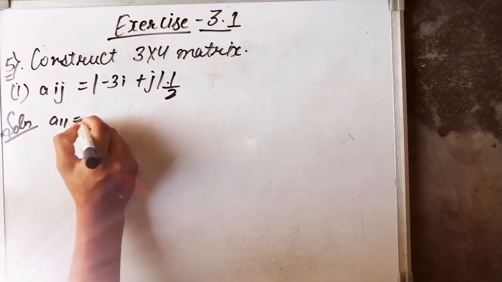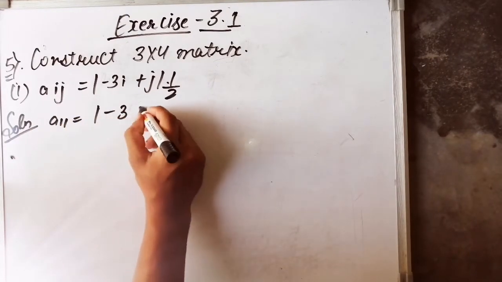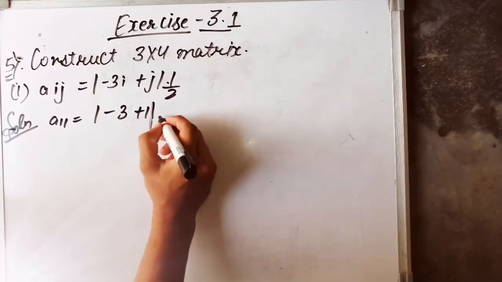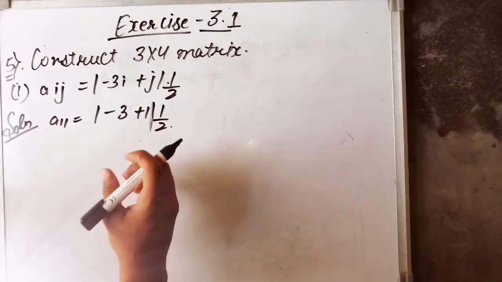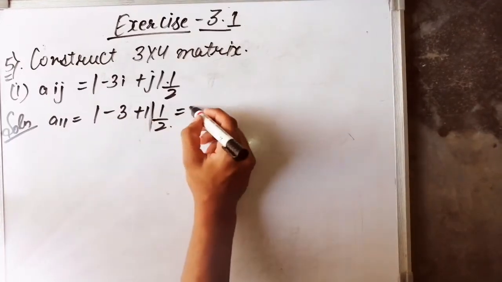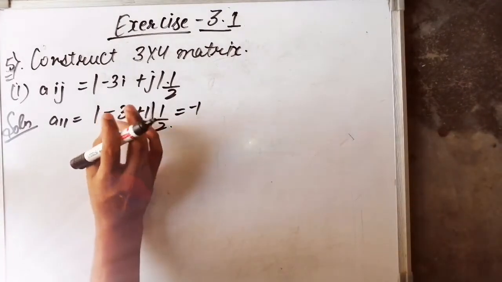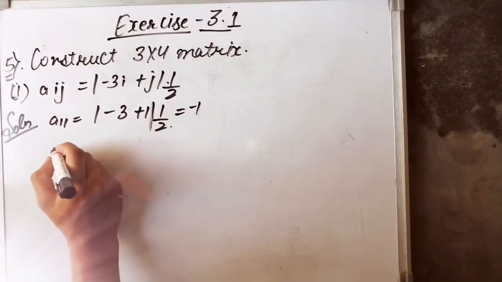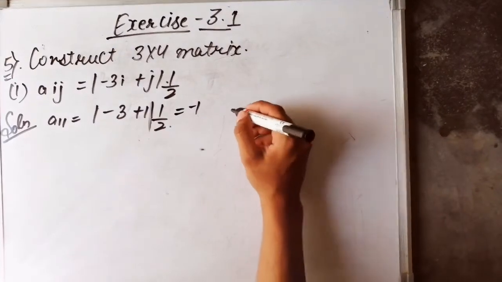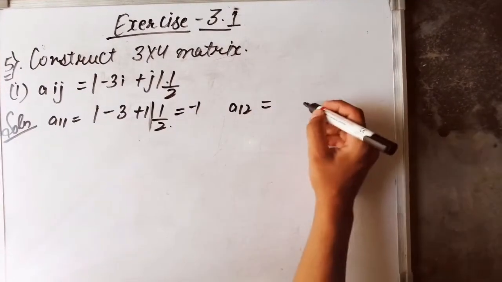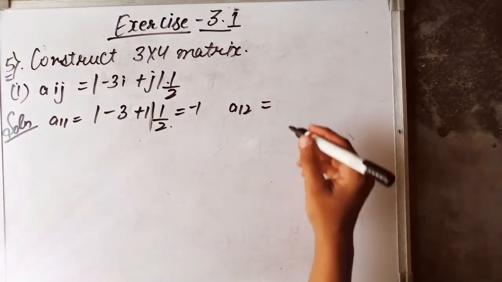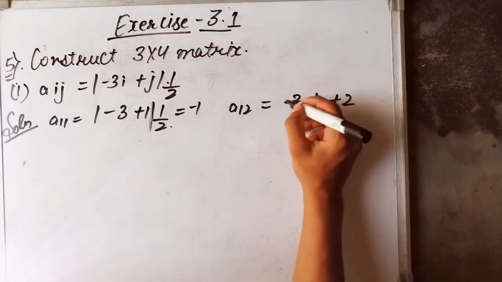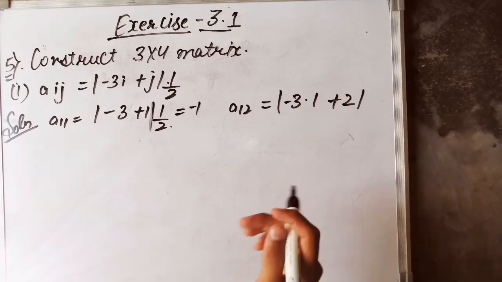a11 is (−3 + 1) divided by 2. We have −1 here, because −3 + 1 is −2, and −2 divided by 2 equals −1. a12 equals −3 into 1 plus 2, mod of it.